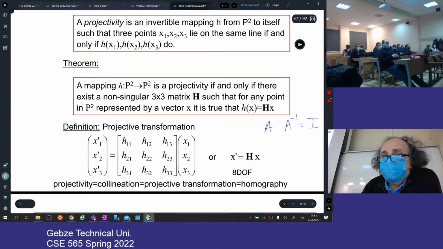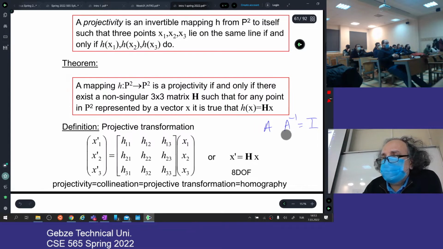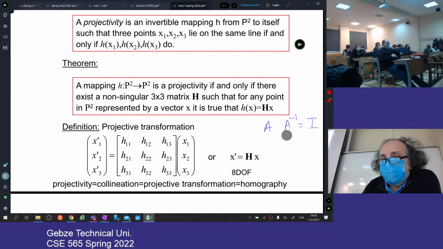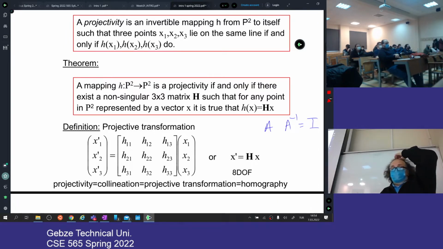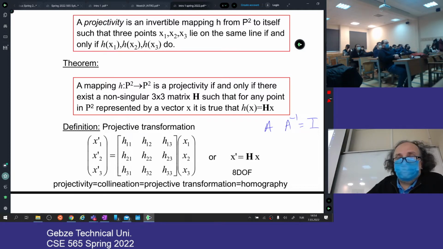If you can get the inverse of this matrix, that's an invertible. So it cannot be a singular matrix. It should have a matrix rank of 3, and the determinant should be non-zero, right? If you remember, the determinant is non-zero.